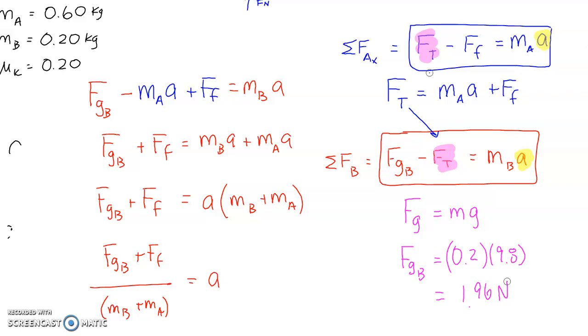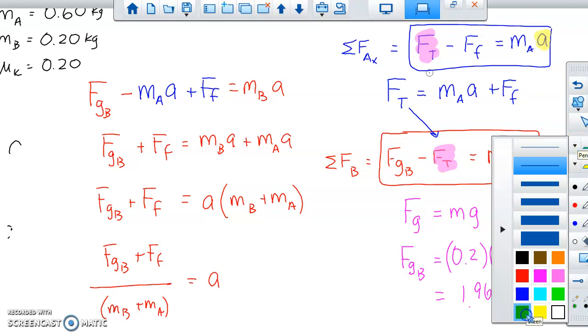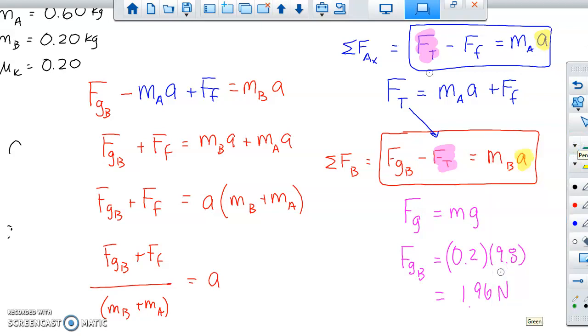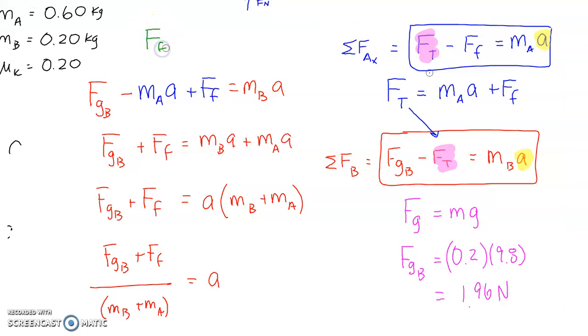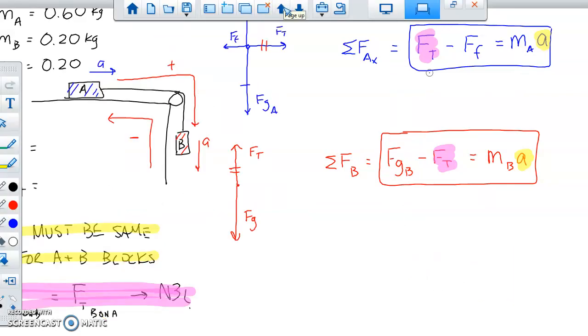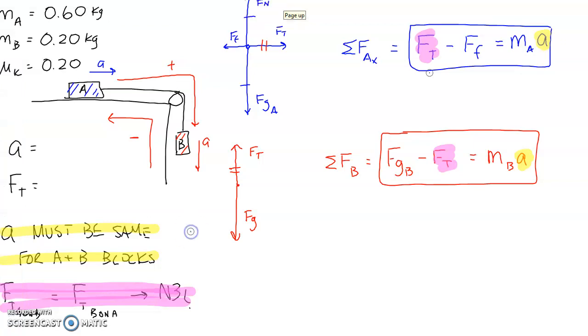The other thing that we just learned is that we have a force of friction equation, which I'm running out of room for. Let's see, I guess I'll write it up here. So the force of friction is equal to the coefficient of friction times the normal force. Well, we have the coefficient, that's 0.2. But we don't have the normal force. But if we go back and look at our picture, you can see from our blue force diagram that the force of gravity of A is equal to the normal force.